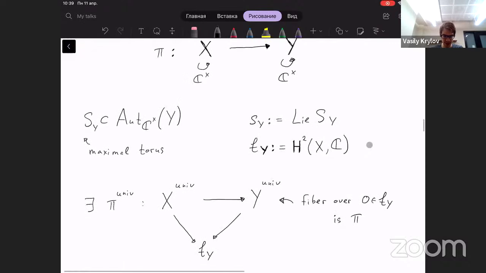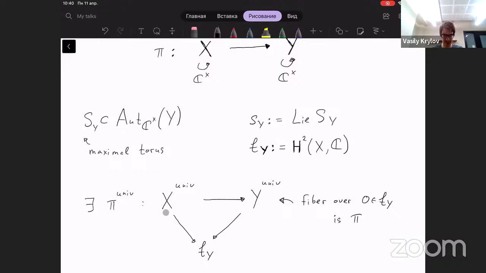It turns out that this space Ty has the following meaning. This is the base of a certain universal deformation of our varieties.